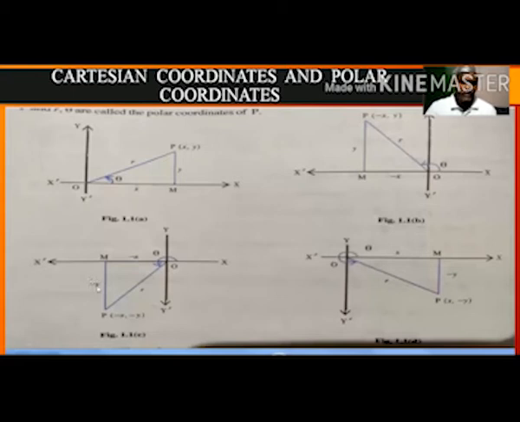And in the third quadrant, we take the theta value between minus 180 and minus 90. And if it is in the fourth quadrant, it is minus 90 to 0. So in this way, we can relate the Cartesian coordinates to the polar coordinates.